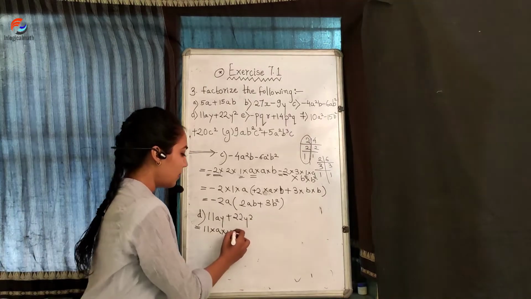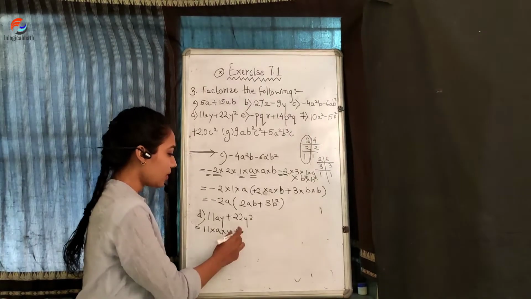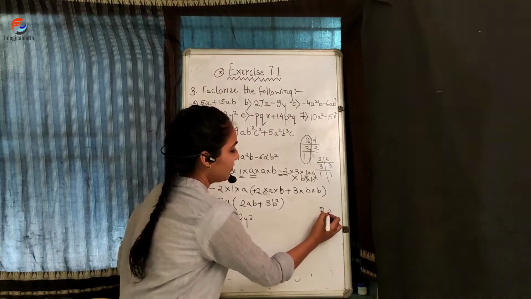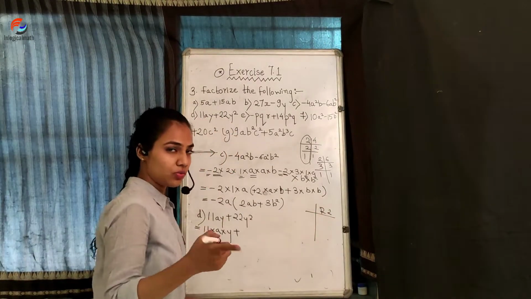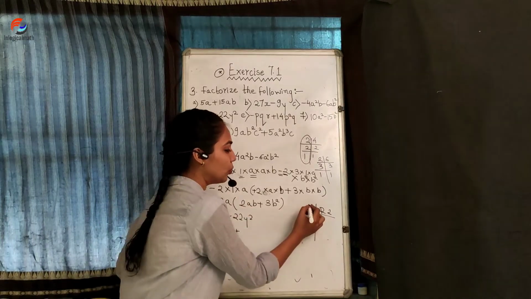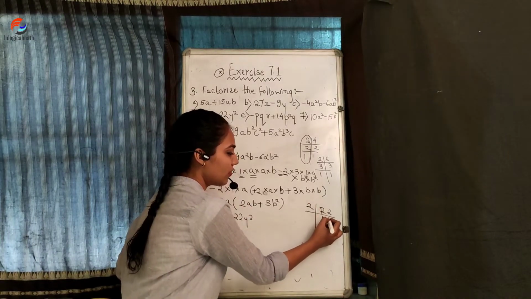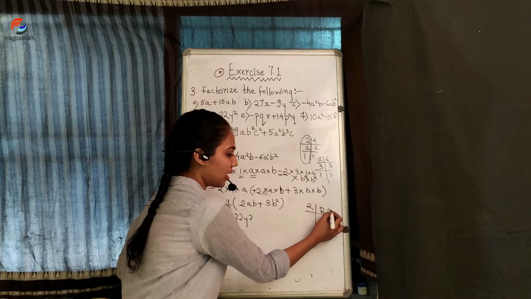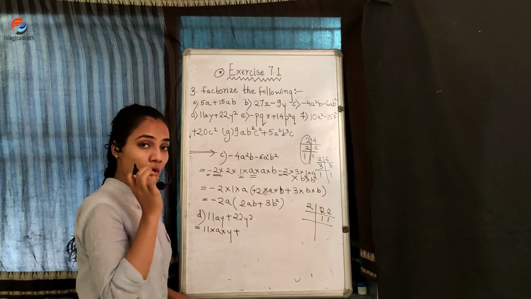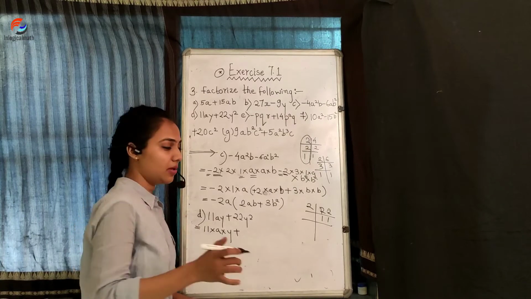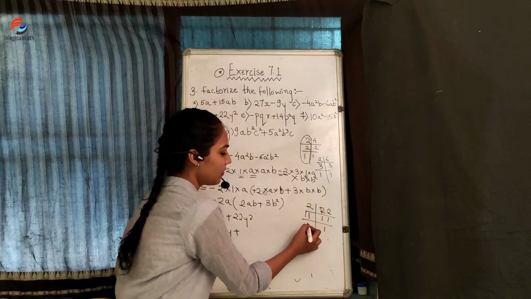Plus now 22. So find the factor of 22. So we can divide 22 by 2. So first divide by 2. Okay, so 2 ones are 2, and 11 can be divided by only 11, because 11 is a prime number. So 11 ones are 1 here.